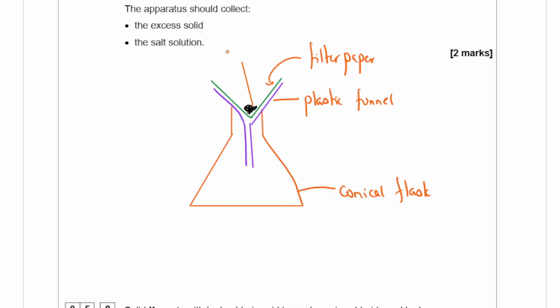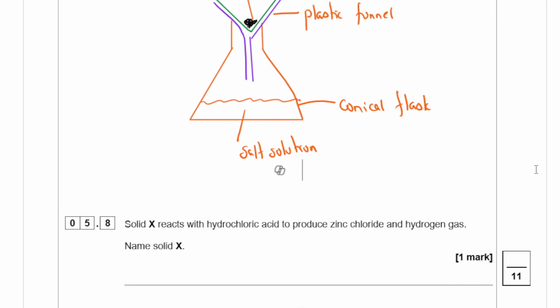That's your excess solid, and that'll be your salt solution. They're not asking you to label the diagram, but if you label it, that means that you definitely know what you're talking about.